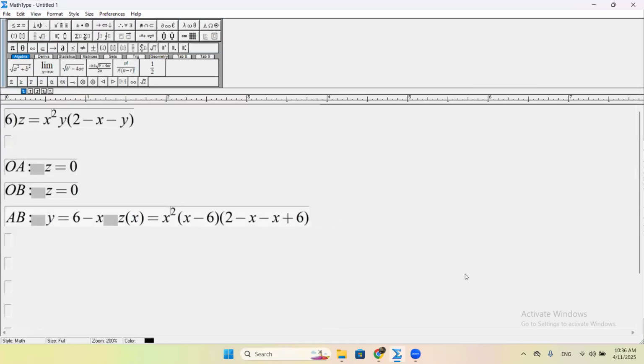Let's also expand brackets and simplify this expression. I can also move 2 out of brackets, by the way.